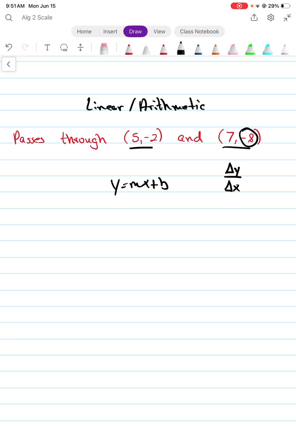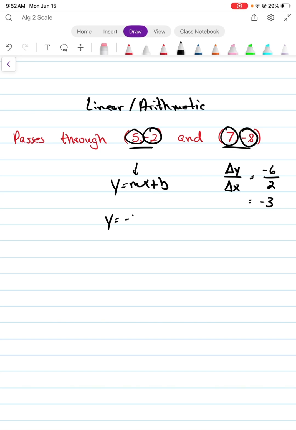Simply subtract y minus y in that order, the second minus first, though the order doesn't matter as long as you keep it consistent. So negative 8 minus negative 2, which is negative 6, over x minus x, which is 2. And that's going to be your constant rate. You can reduce it, and that's going to be negative 3 over 1, or just negative 3. That's your slope. So it's going down 3 for every 1, is what that's saying.